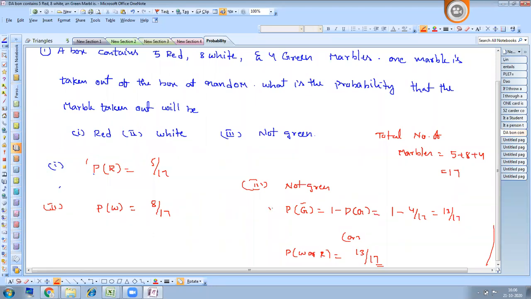Any method you can follow, the complementary method or the general method. But write what is PR, what is PW, what is PG dash, or PW or R, all the things, please write. Your practice doesn't matter, but in the examination you have to write.